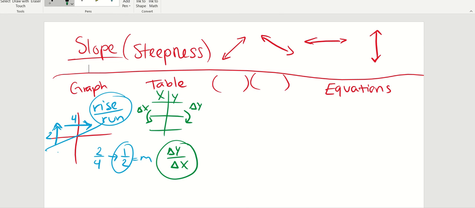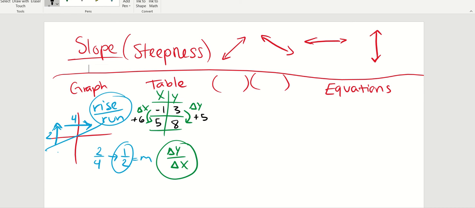So if I put random numbers here, let's say -1, 3, 5, and 8. The 3 and the 8 changed by adding 5. 3 plus 5 is 8. And the -1 changed to a 5 by adding 6.